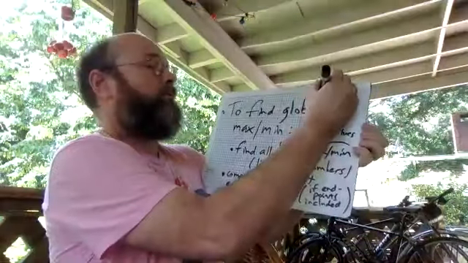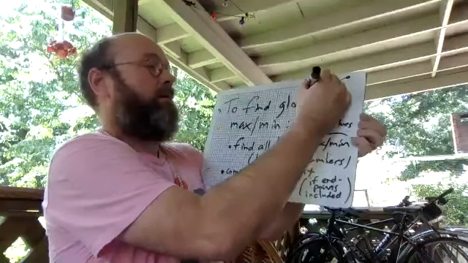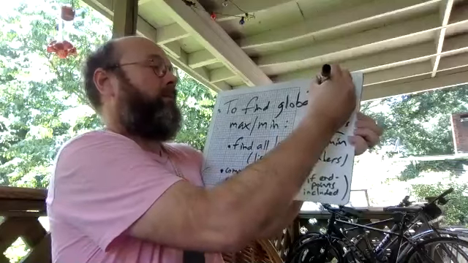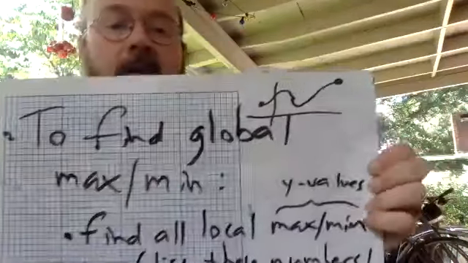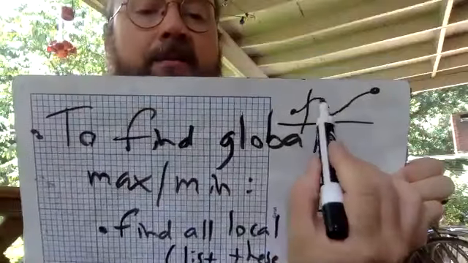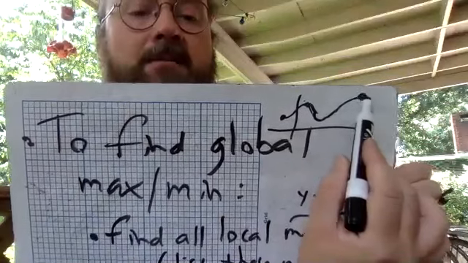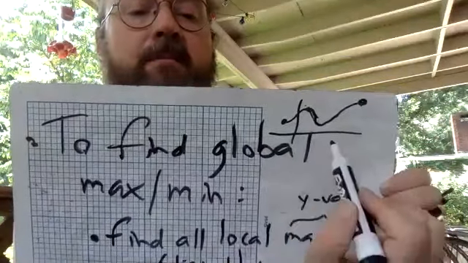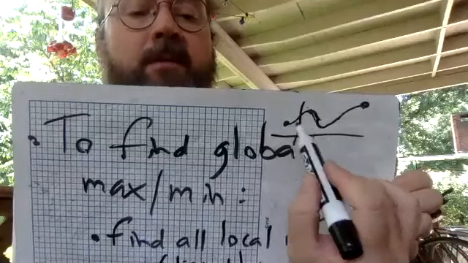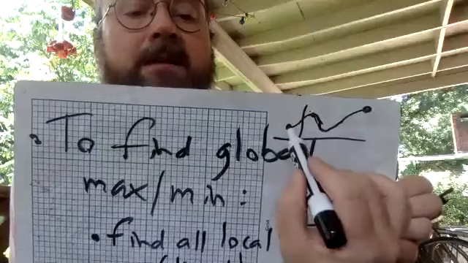Look, here's a function I'm drawing. Here's a function I drew. And you can see that even though there's a hump there, the highest point, the global maximum, is at this end point, not at the local maximum. But on this graph, the way it looks, the local minimum is lower than this endpoint.